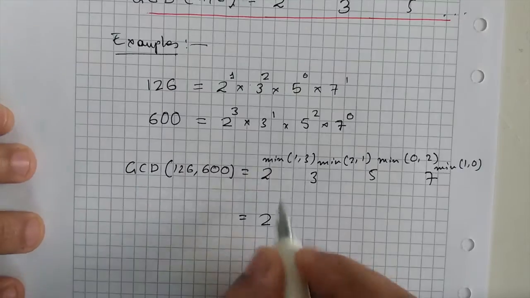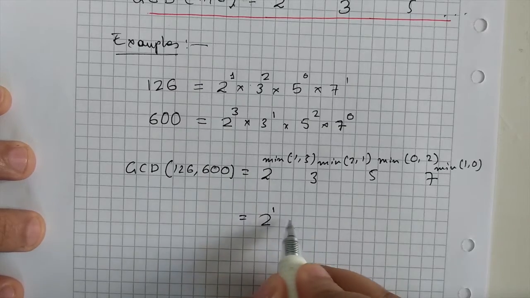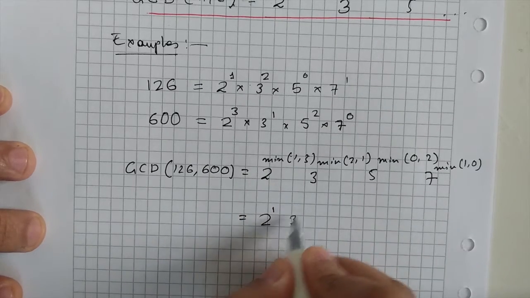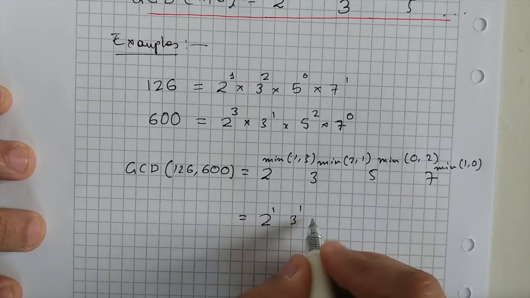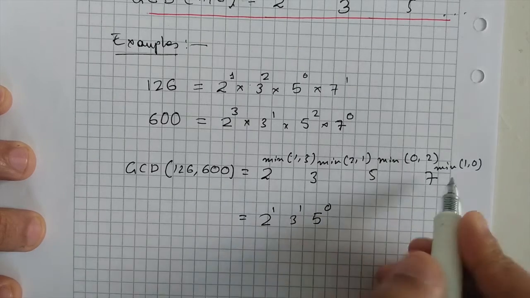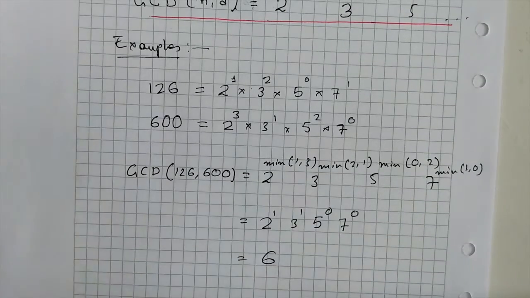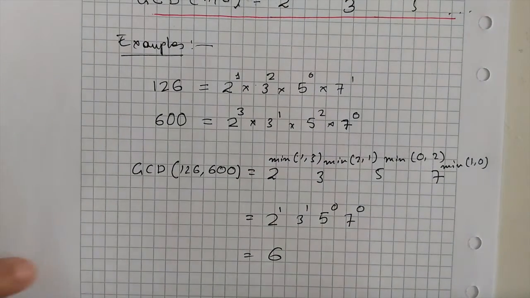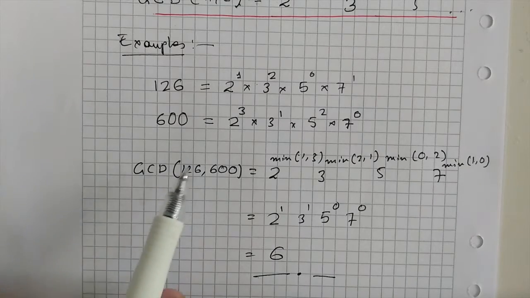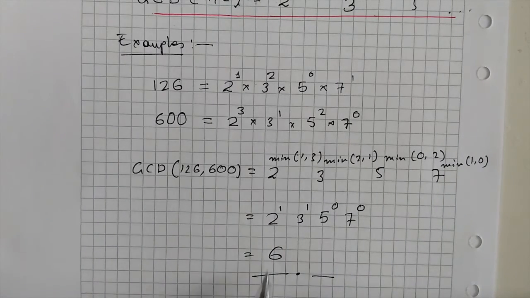The minimum between 1 and 3 is 1, between 2 and 1 is 1, between 0 and 2 is 0, between 1 and 0 is 0, so the answer is 6. There you go. So the GCD of 126 and 600 is 6.